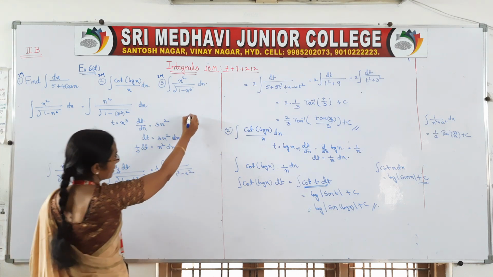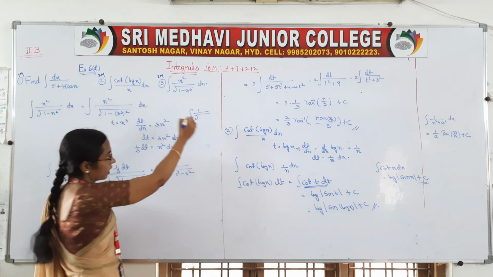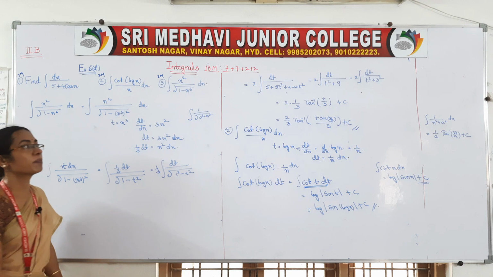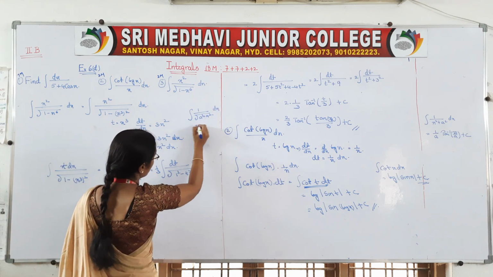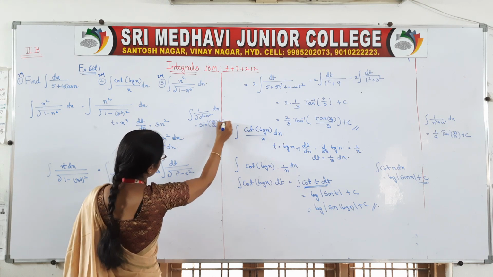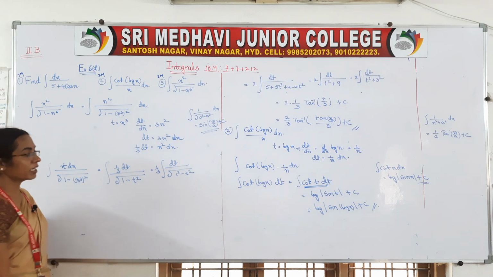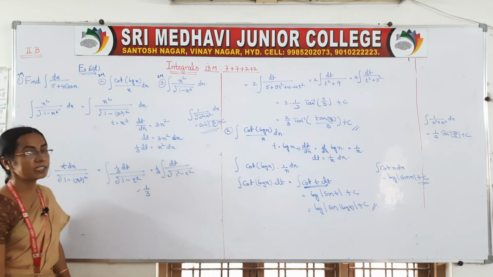Now it is your standard form. What is that? Integral 1 by root of a square minus x square dx is equal to sine inverse of x by a plus c. It is a standard formula in integrals. You got your problem into that form, isn't it?